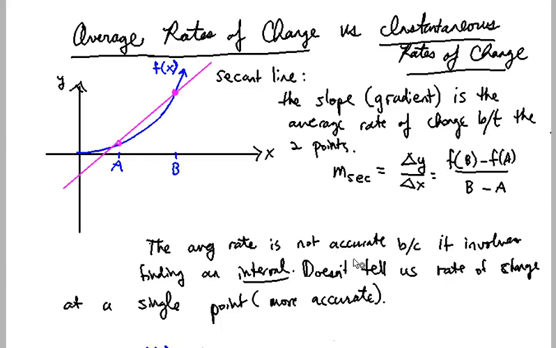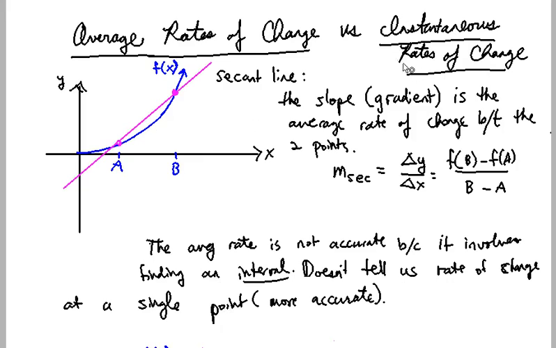But it's not accurate, right? Why isn't it accurate? Because it doesn't tell us exactly what's happening on this line between A and B. What if I wanted to find the rate of change right here? This line does not tell me how fast I'm moving here, or here, or here. Because it's only giving us the rate of change on an interval, it doesn't tell us the rate of change at a single point.